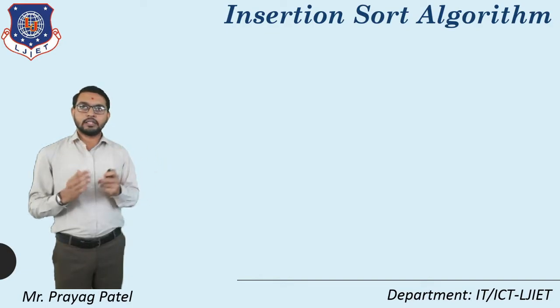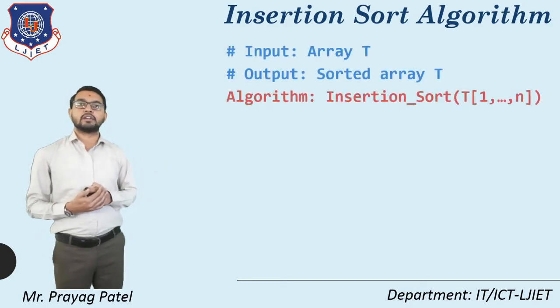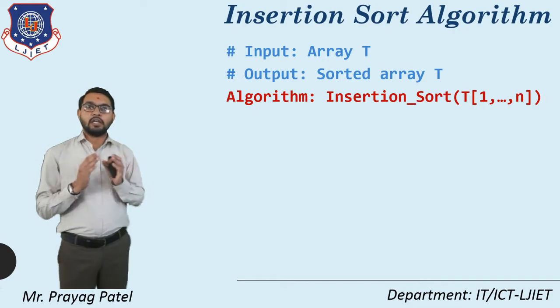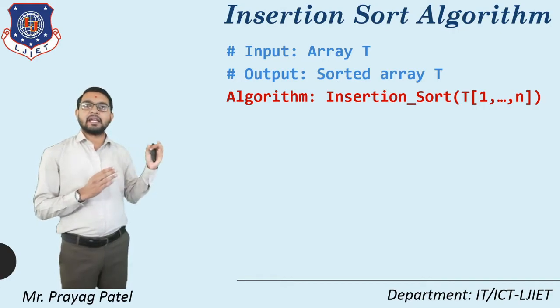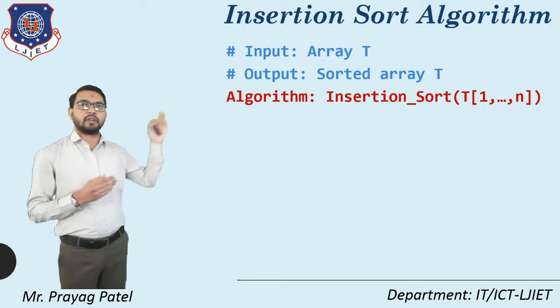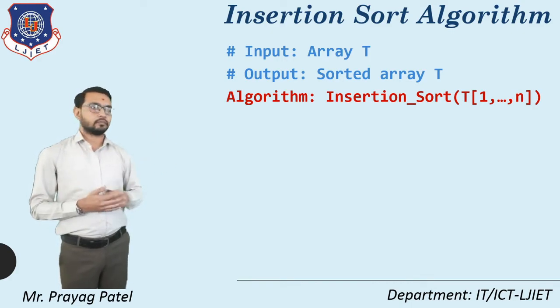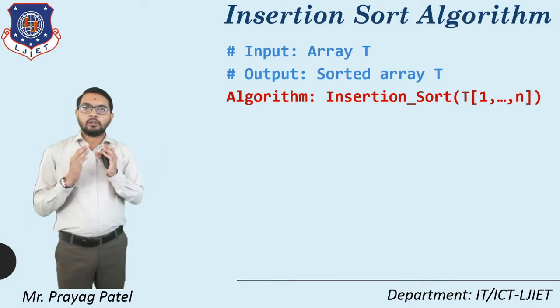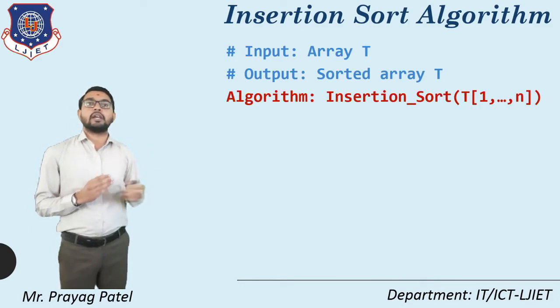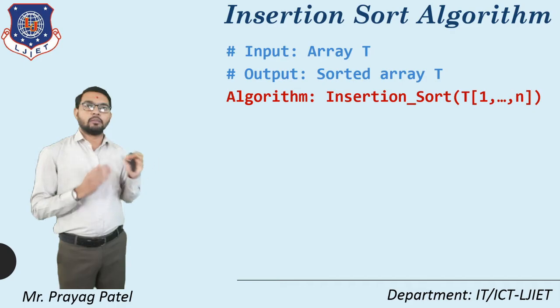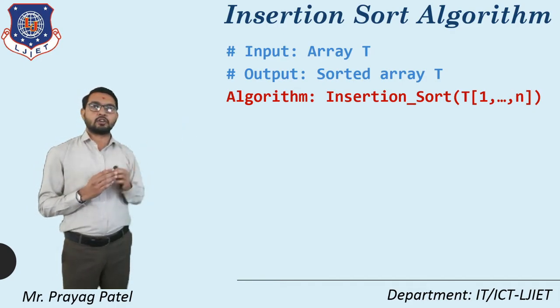Now consider the algorithm of the insertion sort. First, the input is considered as array A or array T. In this case we consider the array T. So T is your input array. What is the output? The output required is a sorted array T. The name of the algorithm is insertion sort.